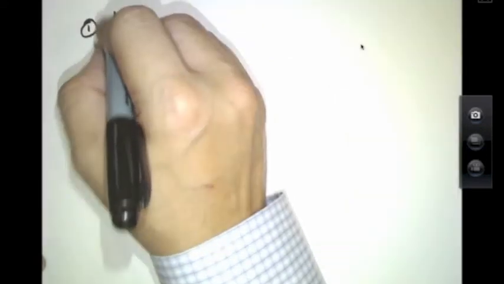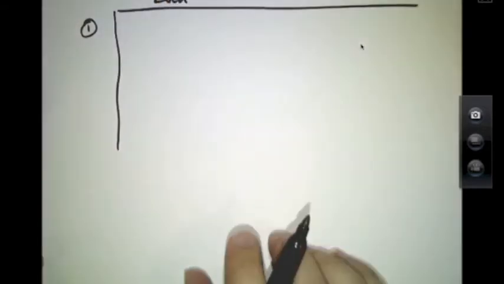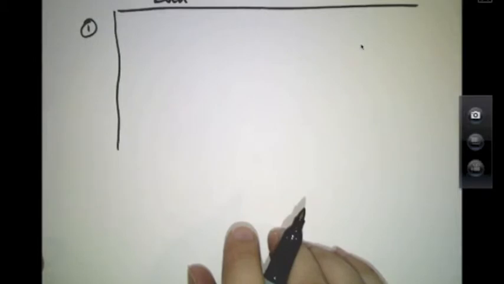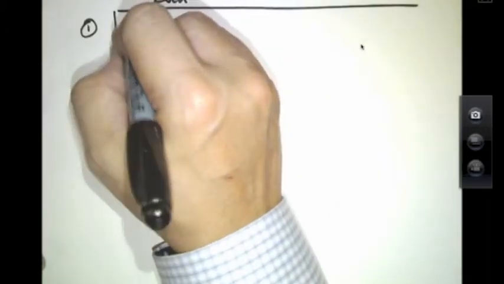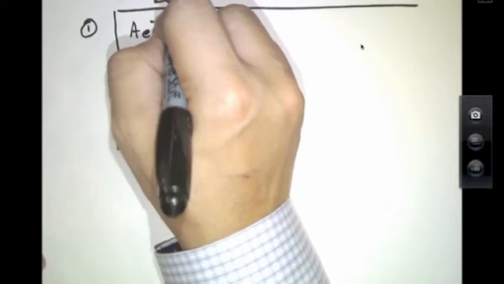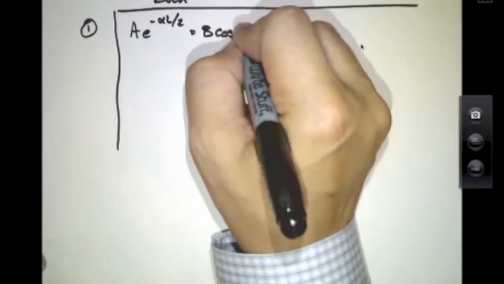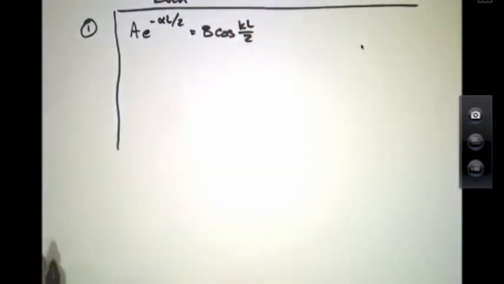Well, condition 1, make a nice table here. For the even solutions, condition 1 gives me e to the minus alpha L over 2 has to equal b cosine KL over 2.